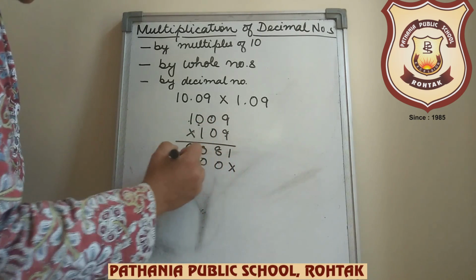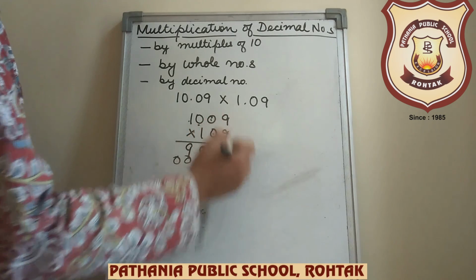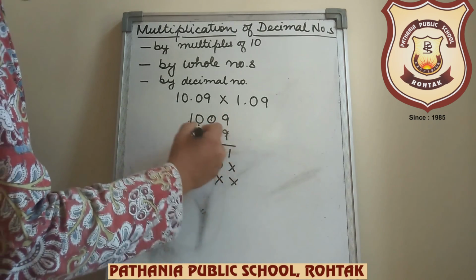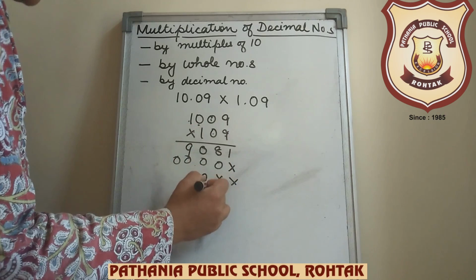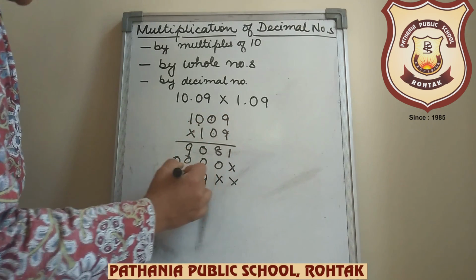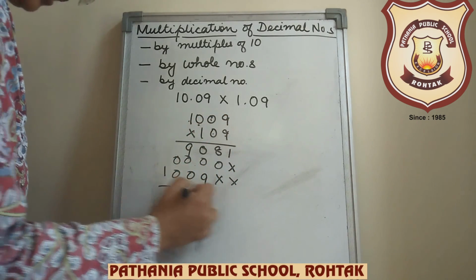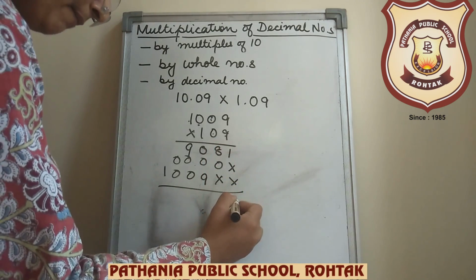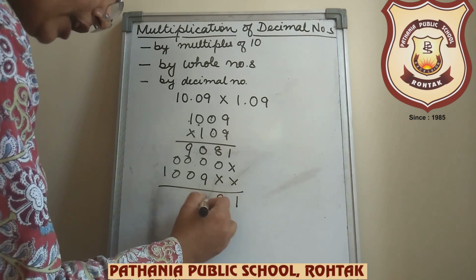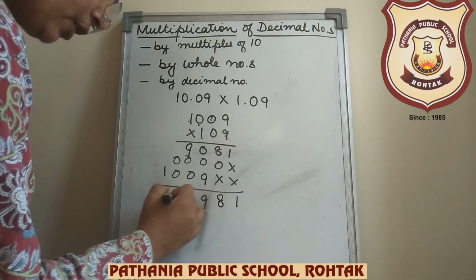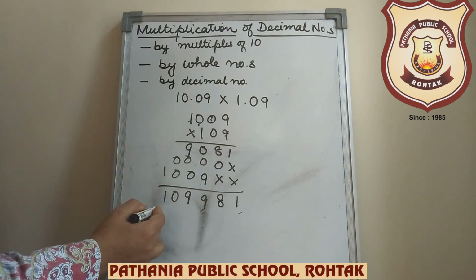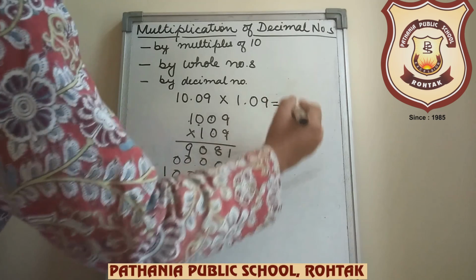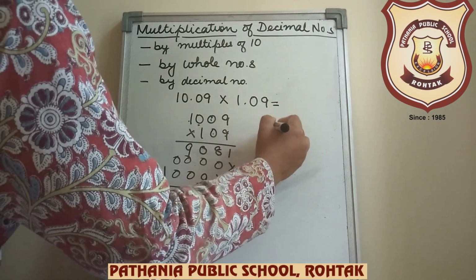The second number is 0, so you will get zeros everywhere. Then 9 ones, 1 nines are 9s. 0, 0 and 1. Now add them. 1, 8, 9, 9, 0, 1. So you got this answer.